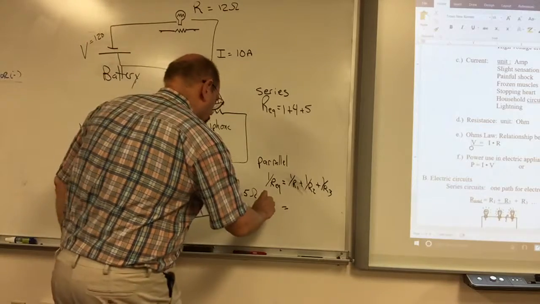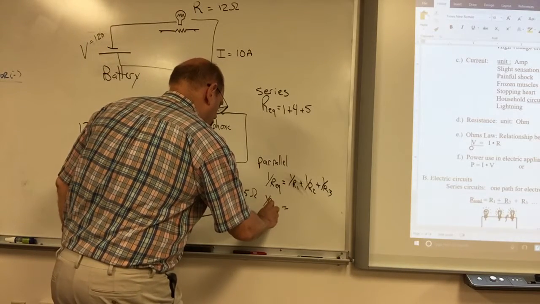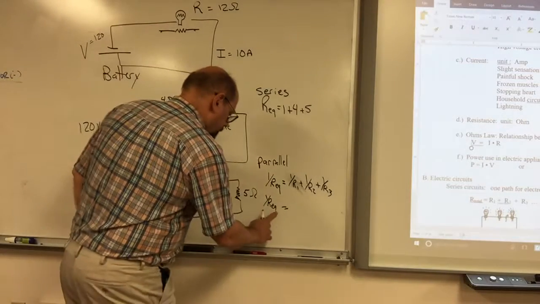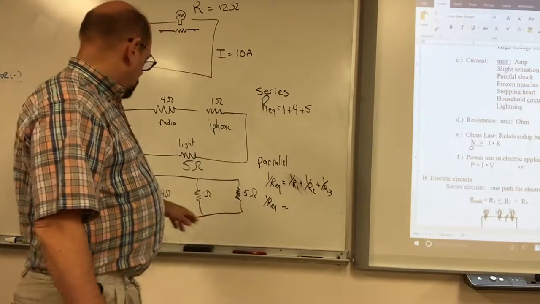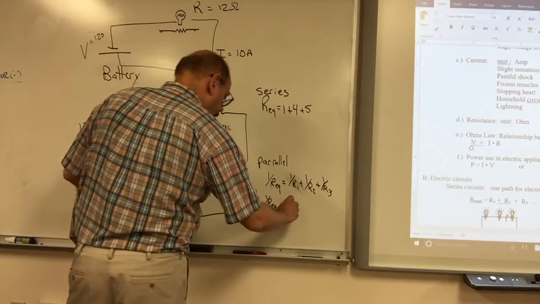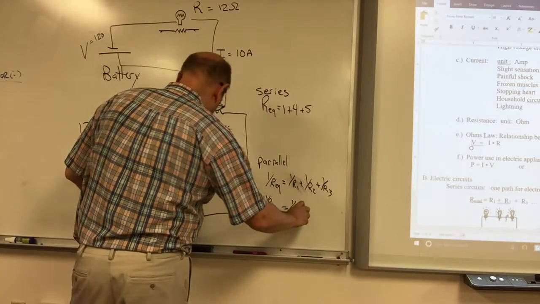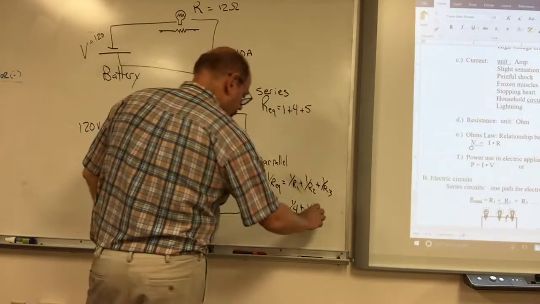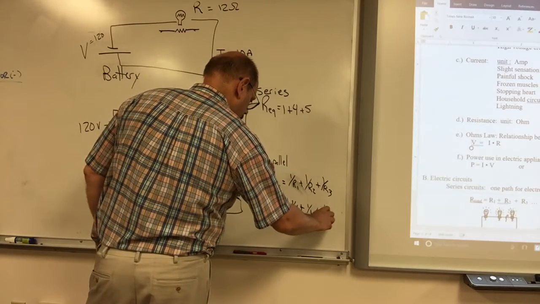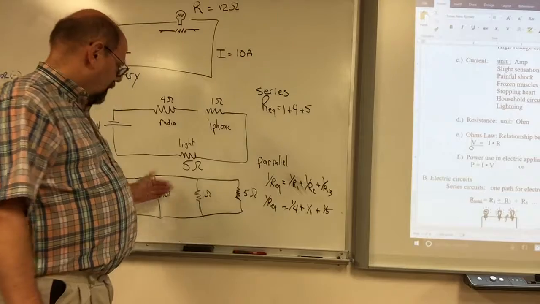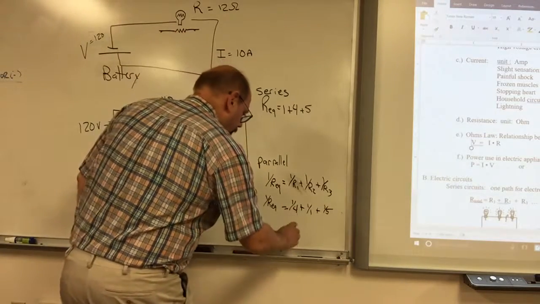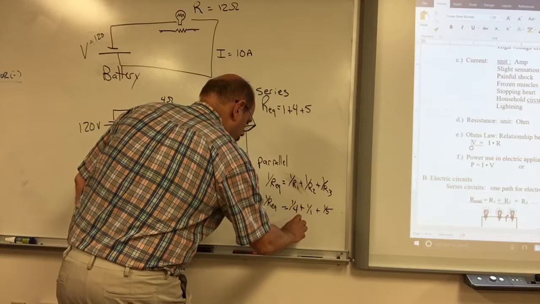So 1 over the resistance of the total, what we want to use for V equals IR, the equivalent resistance, is going to be 1 over 4, plus 1 over 1, plus 1 over 5. I take the inverse of all the resistances and then add them up. Well, 1/4 is 0.25.